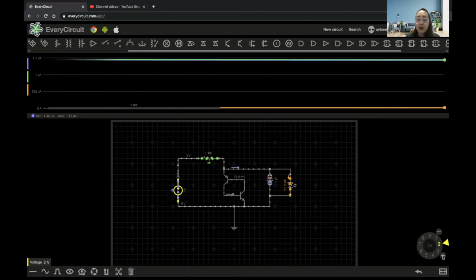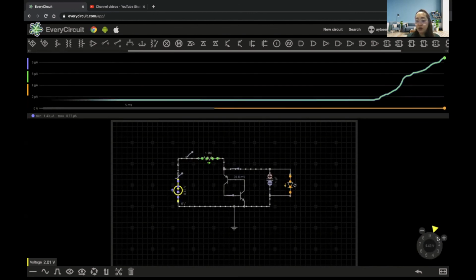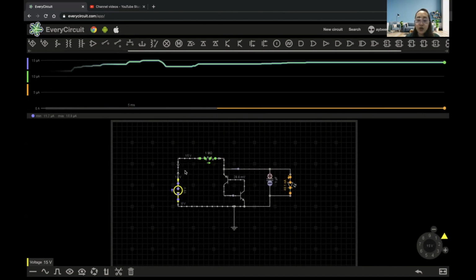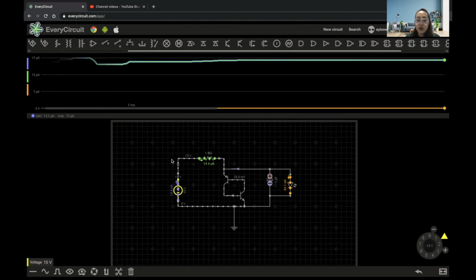It doesn't meet the required breakover voltage for the thyristor. That's why it's not yet flowing freely. We need to increase the voltage. When we go back to 15, see, when I turn this to 15, the current is flowing through the diode. Okay, that is how a Shockley diode functions.